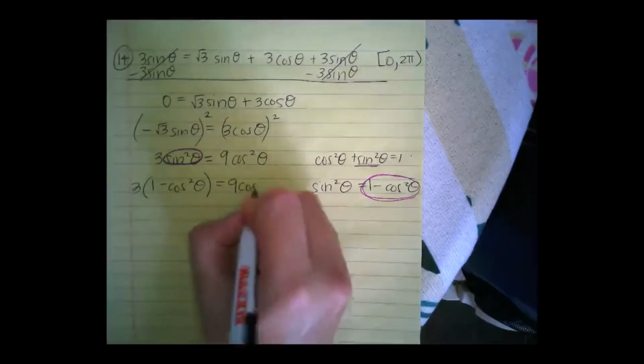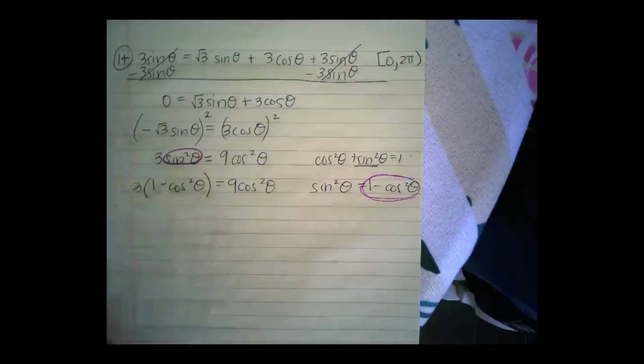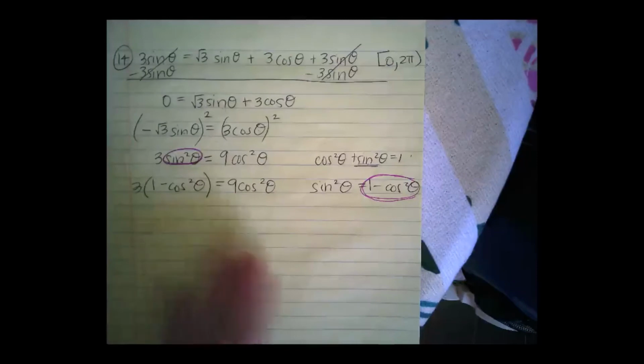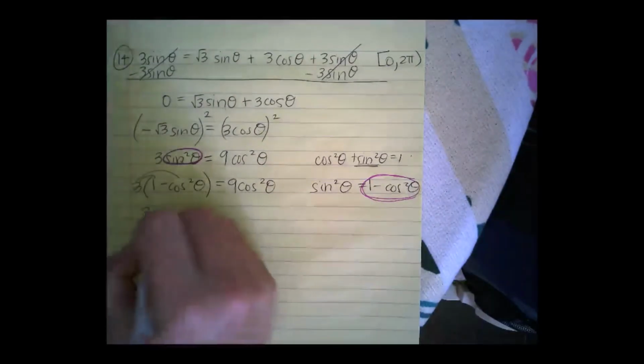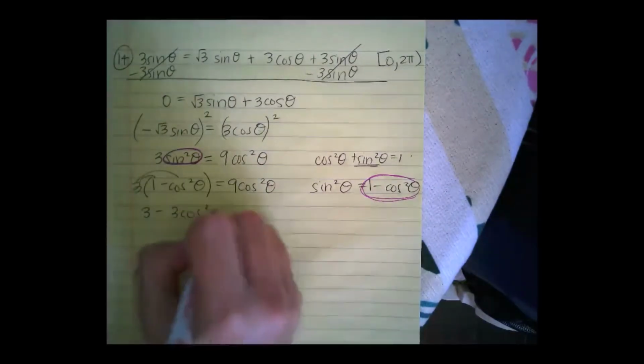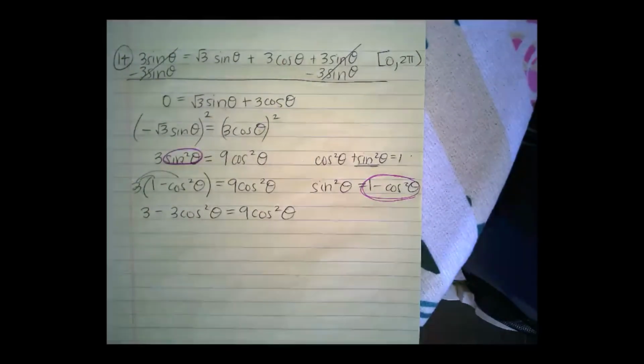Equals 9 cosine squared of theta. Look. We've got it to where it's matching now. We have only cosine squareds. It'd also be okay if there was just plain old cosines in there, but now we've made it match. I'm going to distribute. We have 3 minus 3 cosine squared of theta equals 9 cosine squared of theta.